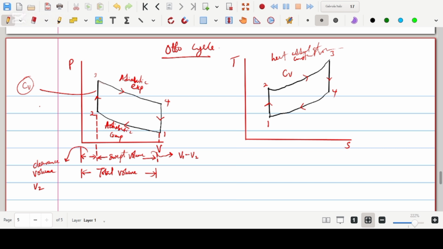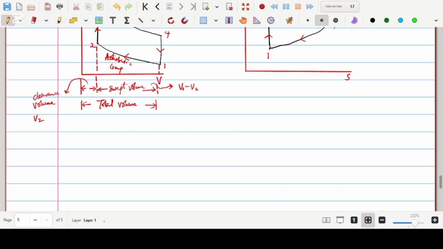Adiabatic compression is from process 1 to 2; you can label with any numbers. Process 2 to 3 is heat added at constant volume.